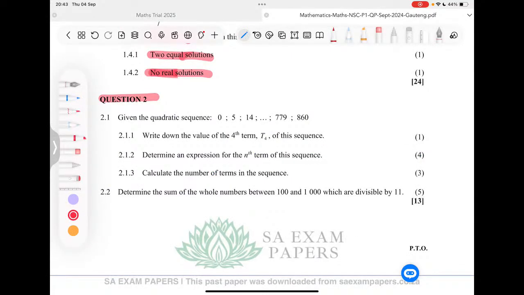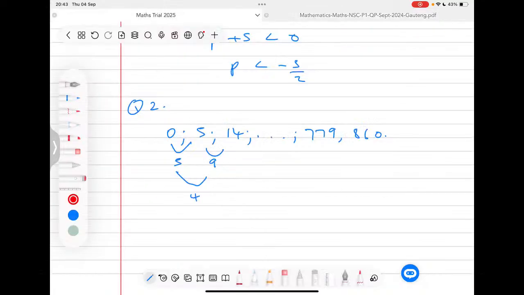Now, under 2.1.1, they say write down the value of the fourth term, T4, of the sequence. So this is 2.1 and we are at 2.1.1, and we want to find T4.